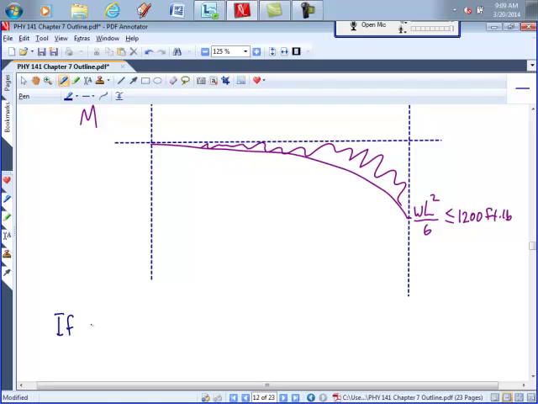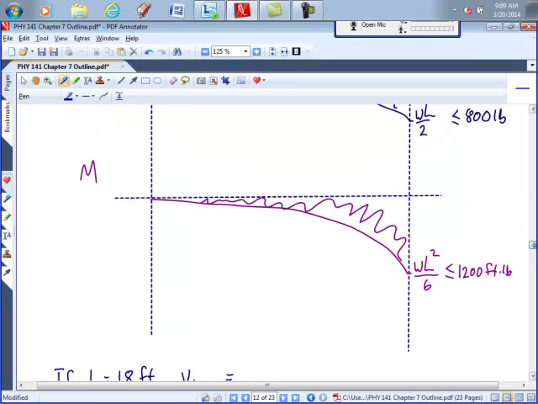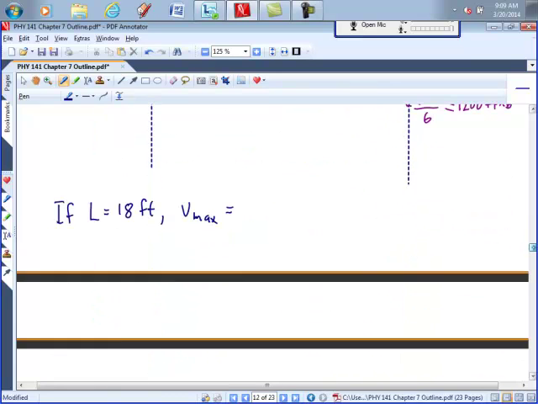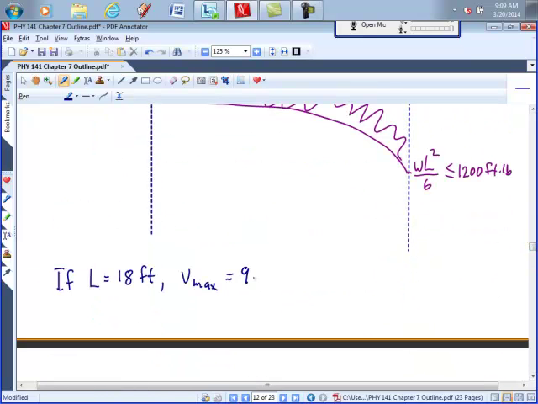So if L equals 18 feet and V max is equal to WL over 2, that would be 9W. 9W is less than or equal to 800 pounds. So that gives me W is less than or equal to 88.9 pounds.